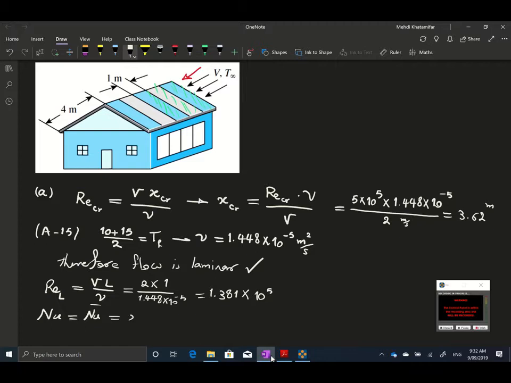It's going to be 0.664 times the Reynolds number to the power half times the Prandtl number to the power 1/3, which is going to be 0.664 times 1.381 times 10 power 5 to the power half, and the Prandtl number for air, you also need to find. It is supposed to be 0.733. So 0.733 to the power 1/3.